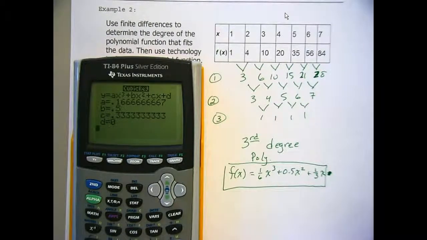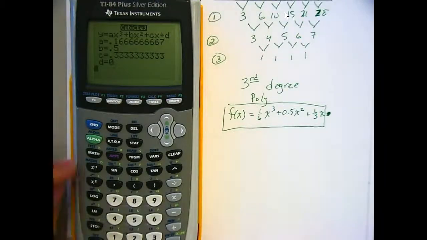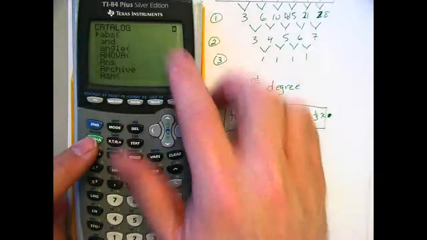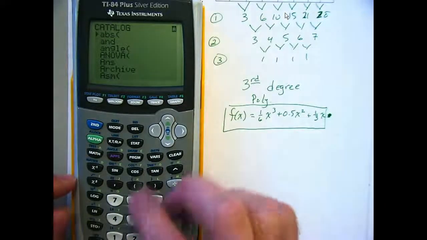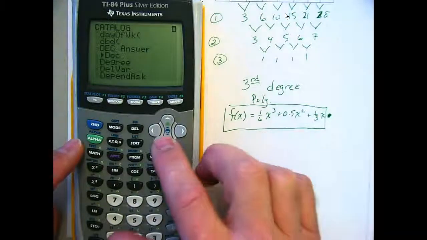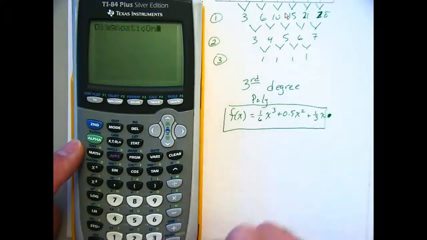Total yay. Hey, now please keep in mind my calculator does not have the diagnostic on. Does anyone have their diagnostic on where it gave you the r squared value? Yes? So for those of you that want to put your diagnostic on, remember that goes to second catalog or second 0. And then alpha is already on, so just find the letter D, and then get down to diagnostic on and hit enter.